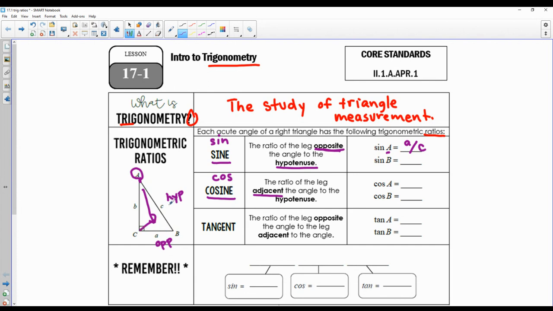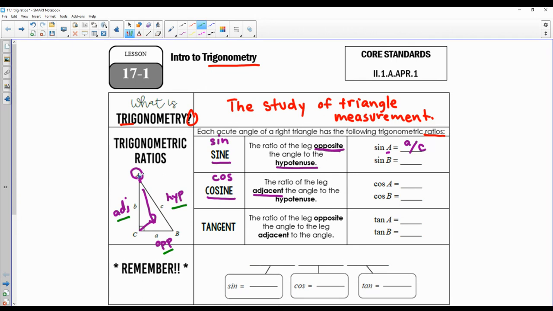Then go to your right angle, go across, that's your hypotenuse. The other side is going to be the adjacent side. So those three words, adjacent, opposite, and hypotenuse, are always what you label your triangle.